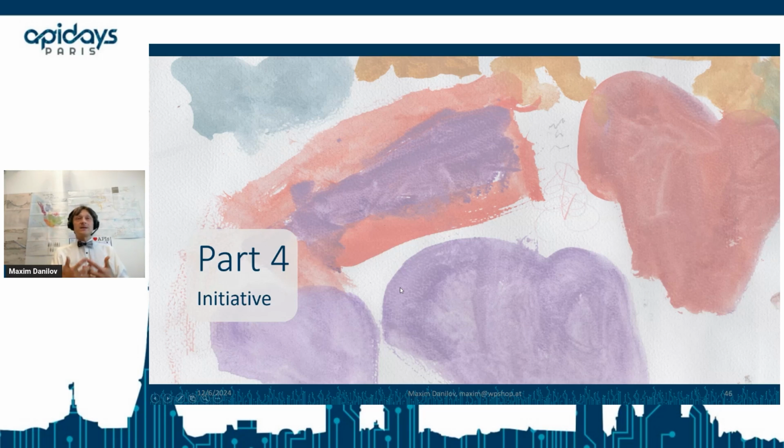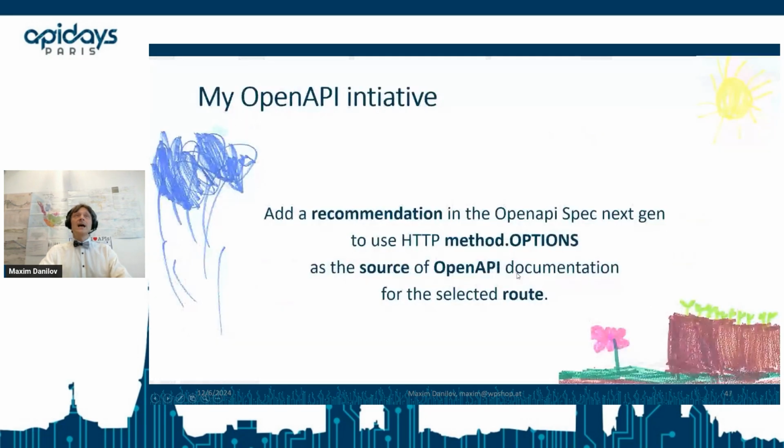And why do I speak in my presentation about the OpenAPI initiative thread? Because my OpenAPI initiative is that I offer the OpenAPI specification to add a recommendation to use the HTTP method options as the source of OpenAPI documentation for a selected route.